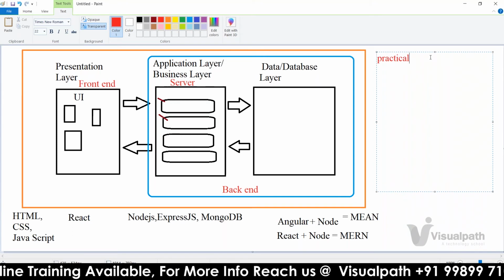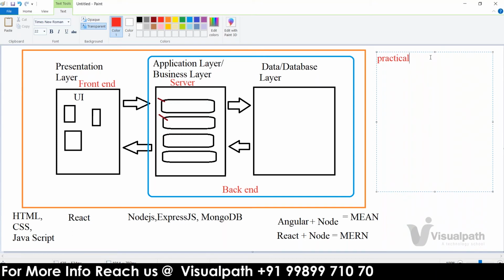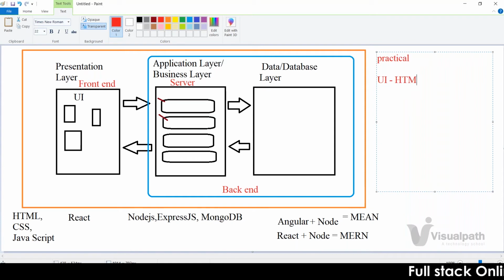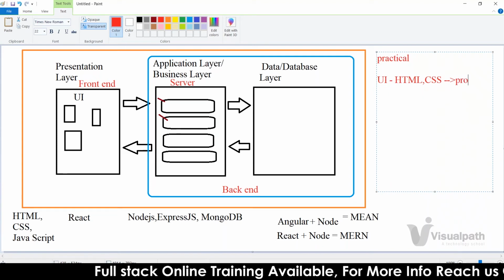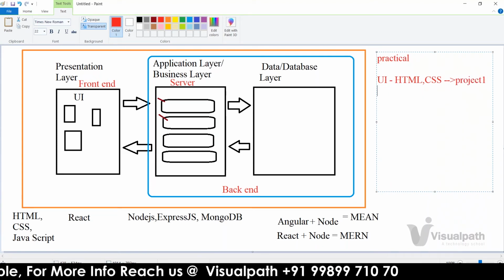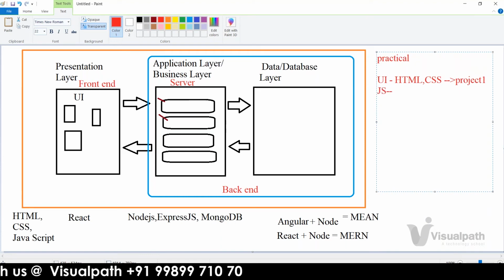For example, assume we are done with the basic UI part, that is HTML, CSS, as well as JavaScript learning completed, or at least before entering JavaScript, HTML and CSS learning. Then using that HTML and CSS, we'll learn how to develop an application, so we can work on a project. You understood it? A simple application will be developed in that. And then once JavaScript is added, again we'll be developing one simple application with some dynamic nature. You understood? So that project will be done.